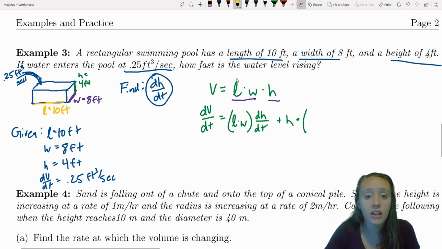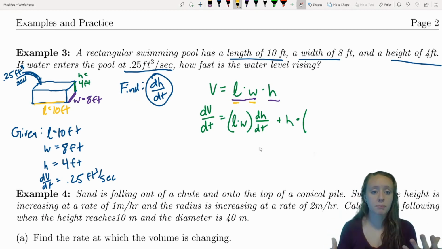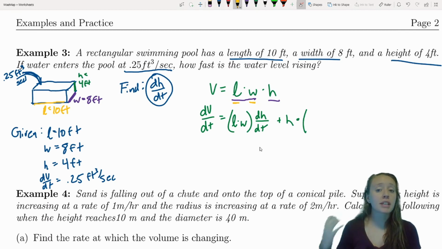So now that I know that I'm finding the derivative of L times W, L will be my first, W will be my second. And if at any point you're confused on this product rule, please refer back to my example video where I do a product within a product towards the end of the product and quotient rules for differentiation worksheet. So go ahead and get some practice if you're confused before moving on.